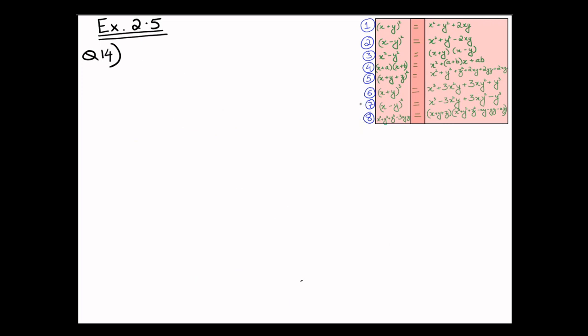Now, before I move to question number 14, just reflecting on question number 13 again, I'm just going to write what we proved over here, so that we can use its application in question number 14.